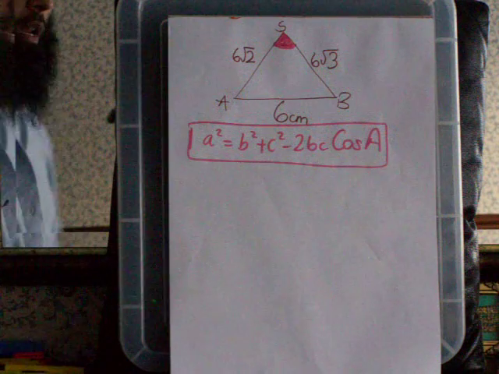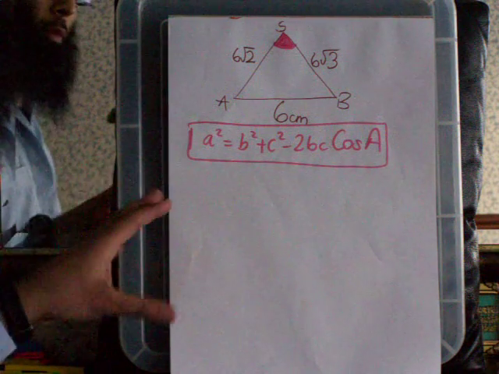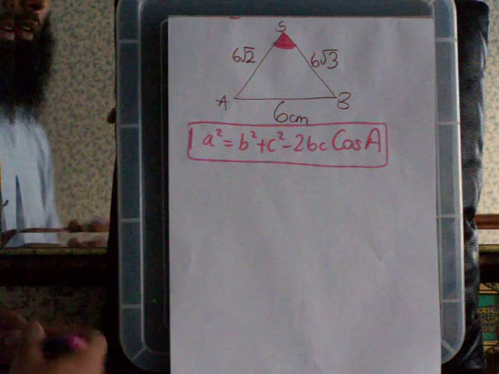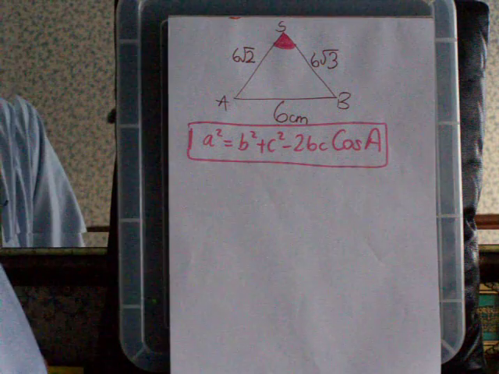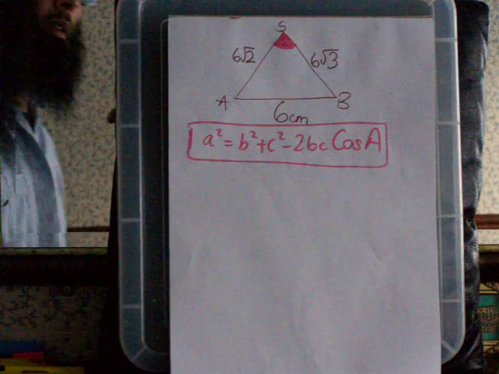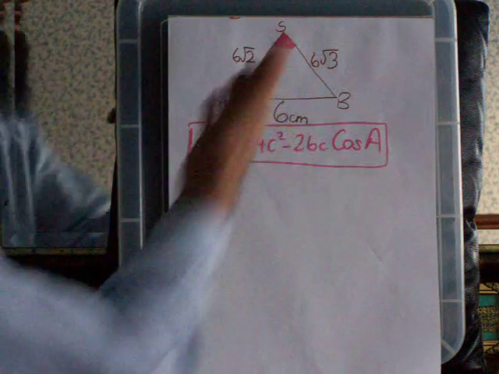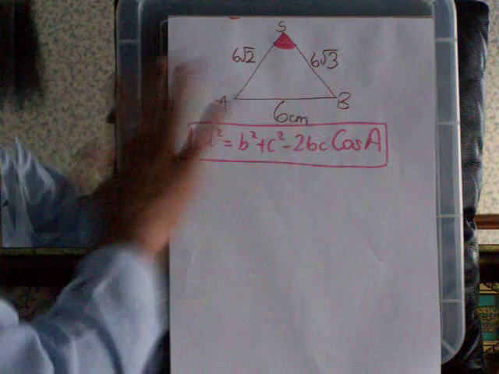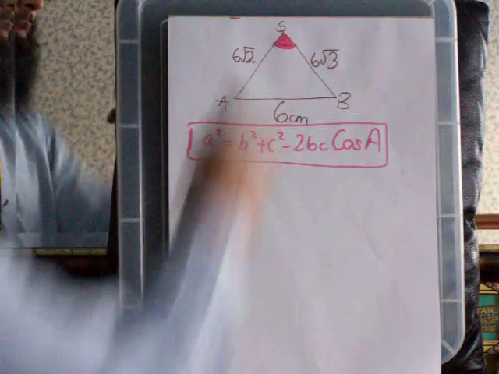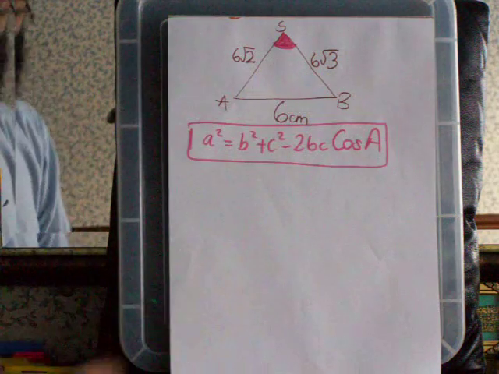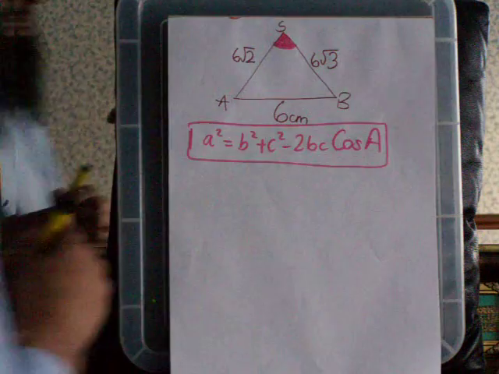Now, what I always like to do is, when you look at this diagram, we need to put it into context of the formula. So I'm going to redraw the diagram and label my own A, B and C. In this original question we have A, B and S. That will still stay as it is. So I'm just going to quickly redraw the diagram to one side, in a different colour.